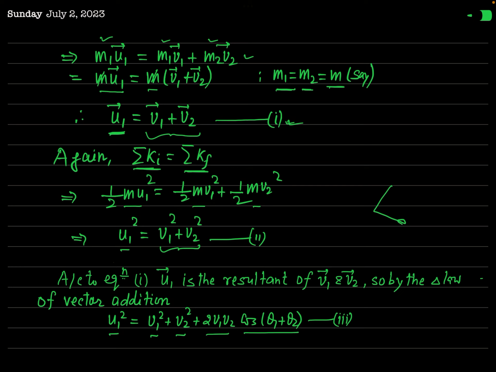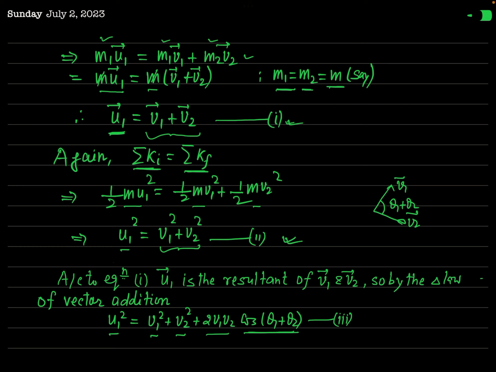The angle between v2 and v1 is actually equal to theta 1 plus theta 2, so I have written here cos of theta 1 plus theta 2.